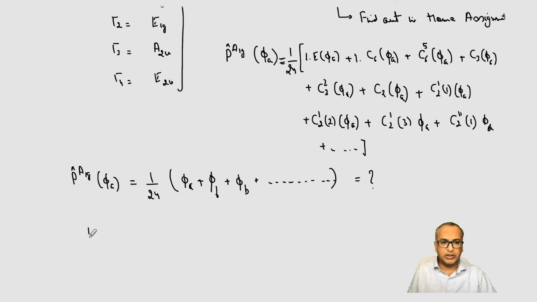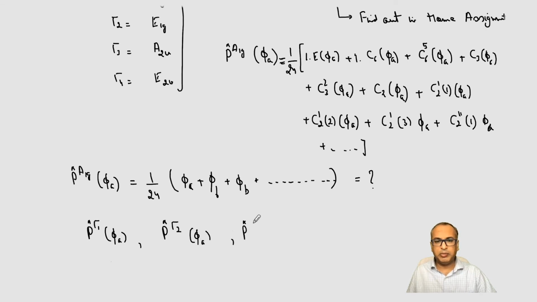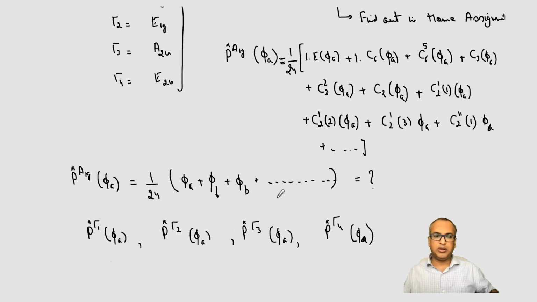So what you have to do is calculate the projection of tau 1 on phi A, the projection of tau 2 on phi A, the projection of tau 3 on phi A, the projection of tau 4 on phi A. So this overall will give you the bonding of the pi system in resonating structures.